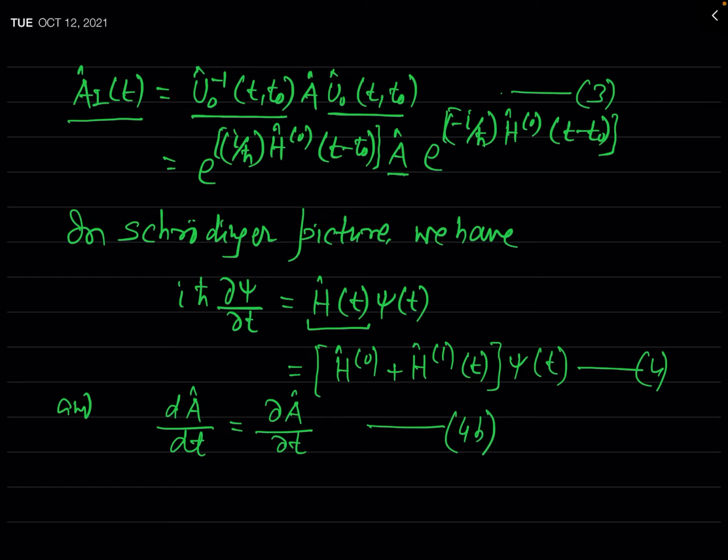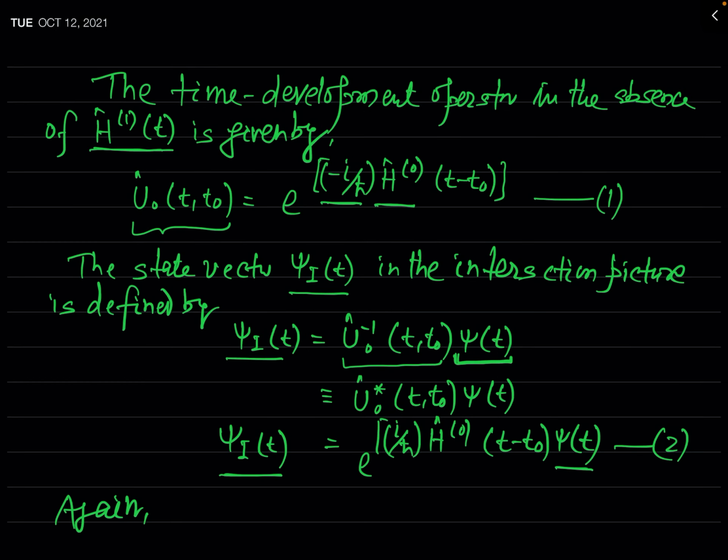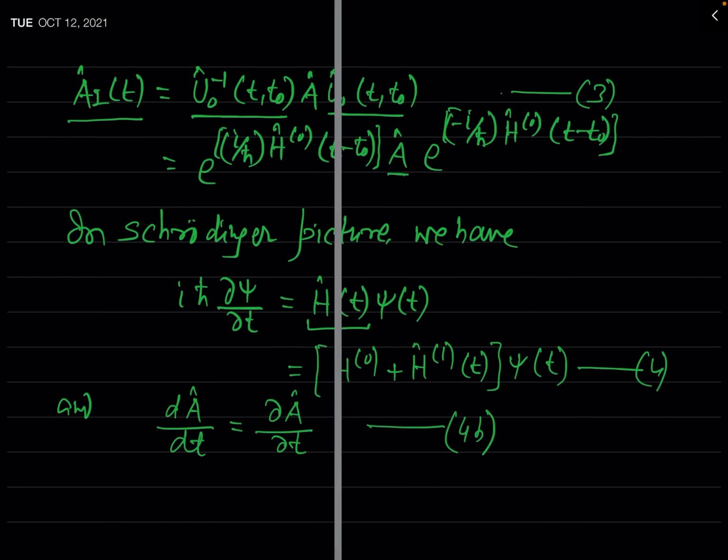Now you can see the definition of psi of t, which has been defined in equation 2. So by using equation 2 and the equation I have defined here in equation 4, you can now write the equation of motion in terms of the state vector in interaction picture.